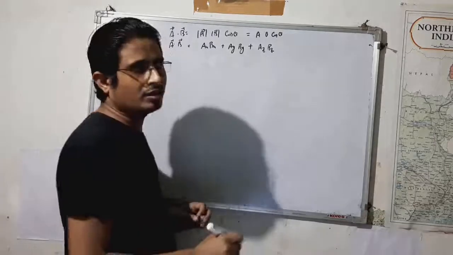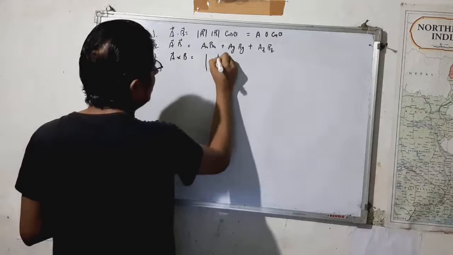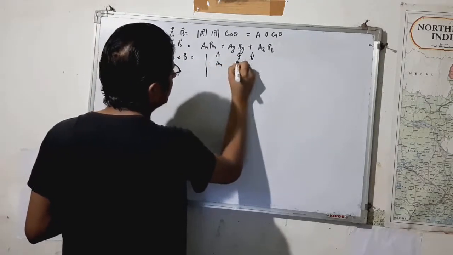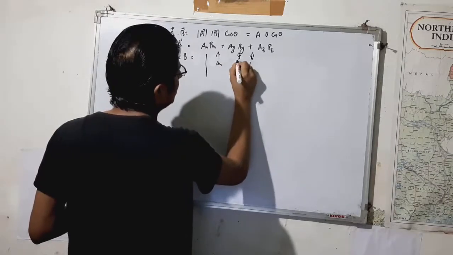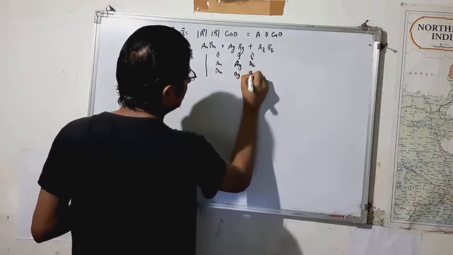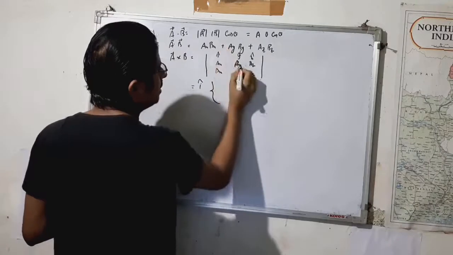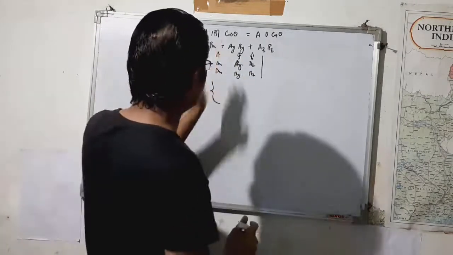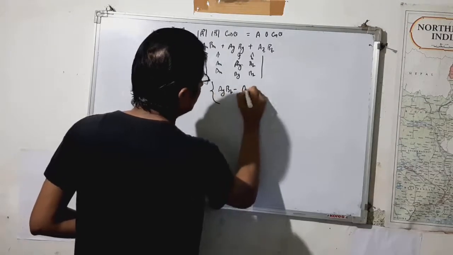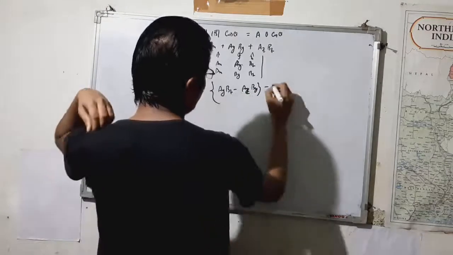We can calculate the cross product of two vectors, A cross B, by simply writing them in determinant form: AX, AY, AZ, BX, BY, BZ. So i equal to, in this case, we ignore this row, so AY BZ and AZ BY. Again we put a negative sign.